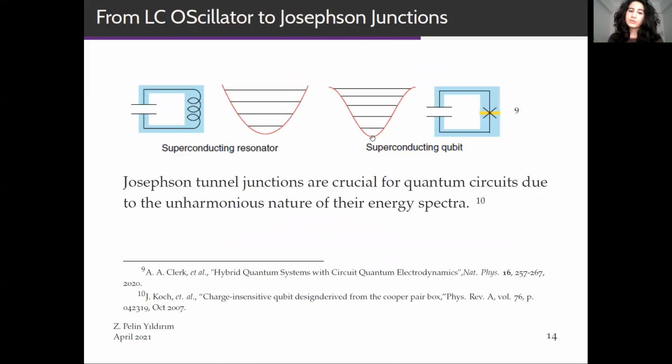That's where the Josephson junctions come to rescue. Josephson junction can be thought of as a kind of inductor in terms of the energy levels. This is the energy levels for a Josephson junction, and this is for an AC oscillator. So we see here the main difference is the unequally separated energy levels.